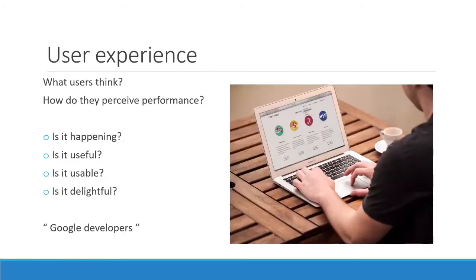So what is really user experience? What do users think when they browse your website? And more importantly, how do they perceive performance? These 4 questions below will help us define some metrics about web performance. The first one is: is it happening? Which means, did the navigation start already? Is there an indication on the screen?